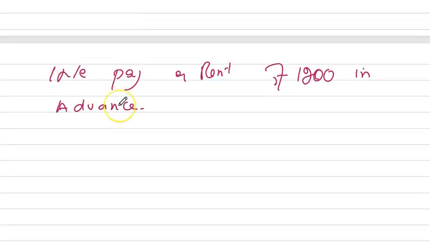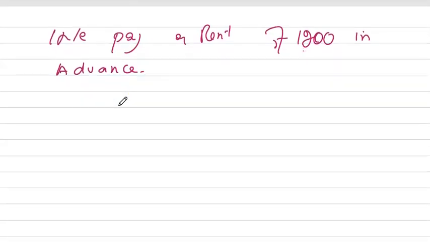Right now we have to see the double entry from both the owner's and the tenant's point of view. So here we're talking about the prepayment.